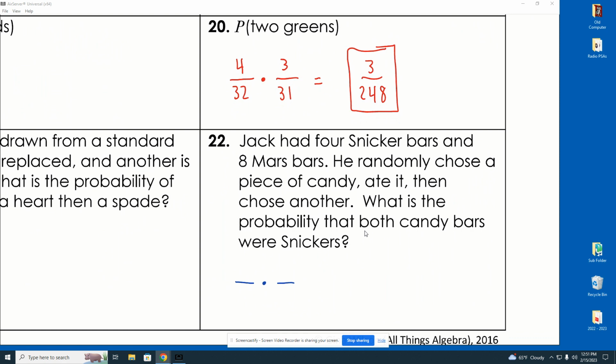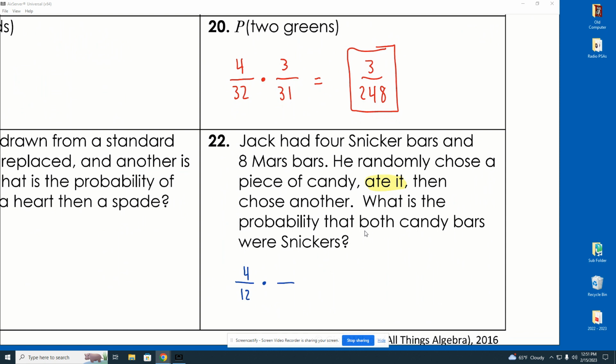Okay, so 2 candy bars. First one, what was the chance that the first one was a Snickers? 4 out of 12, right? What about the second one? 4 out of 12? It doesn't say replaced or not replaced. He ate it. Guys, if you ate it, can you give it back? So this is a not replaced.